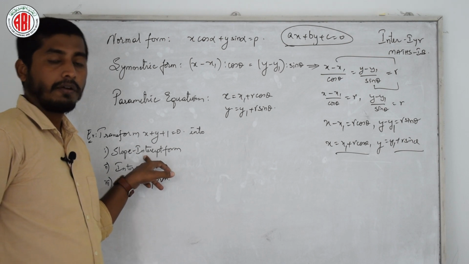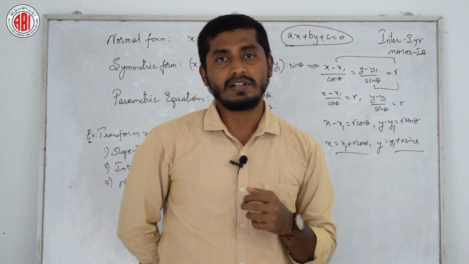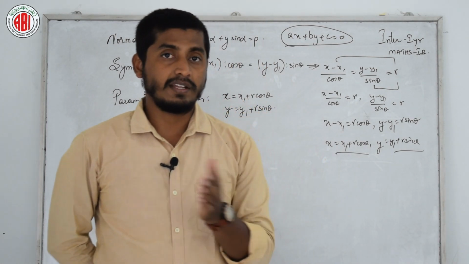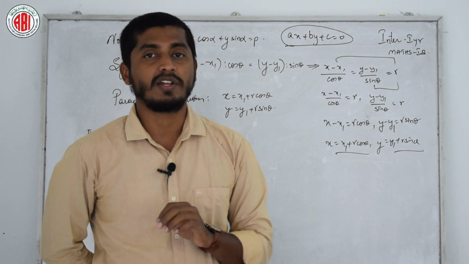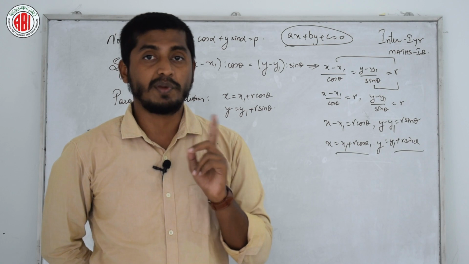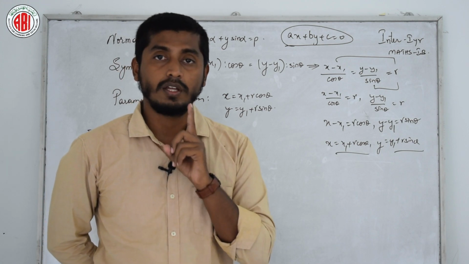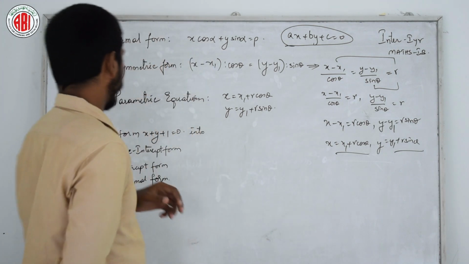How to transform this into that? It is very simple to solve. Y is equal to mx plus c, which means only y should be on the LHS and the remaining things should be on the right-hand side, and y should be positive. Don't forget this, y should be positive and its coefficient must be 1. Okay, then what can we do? Let us do it.